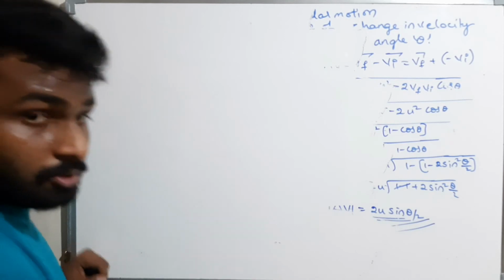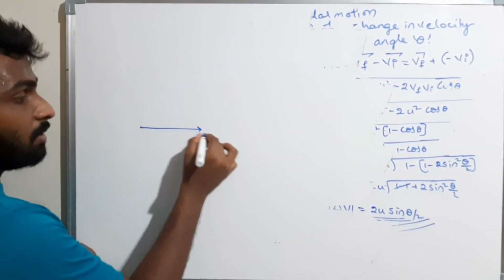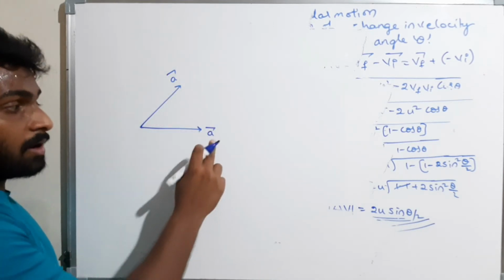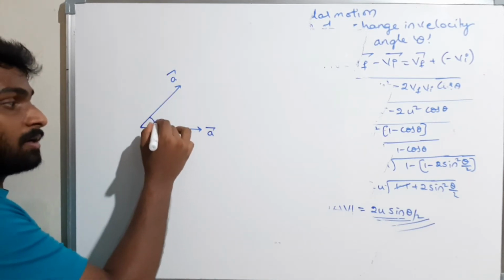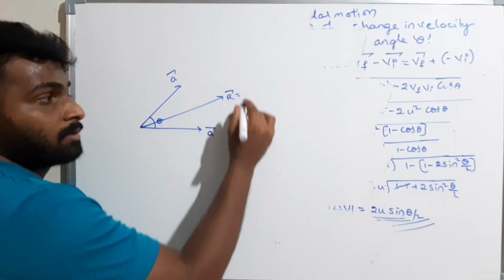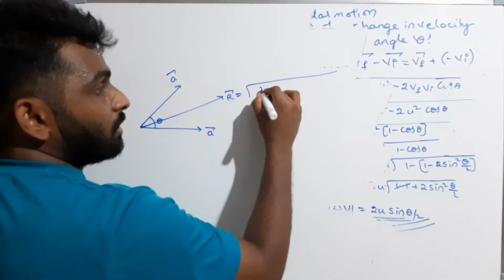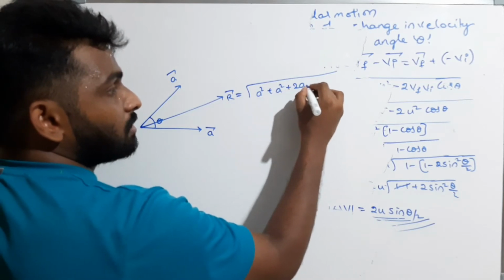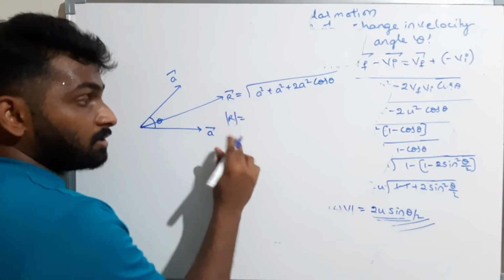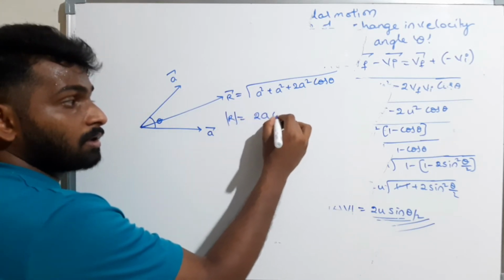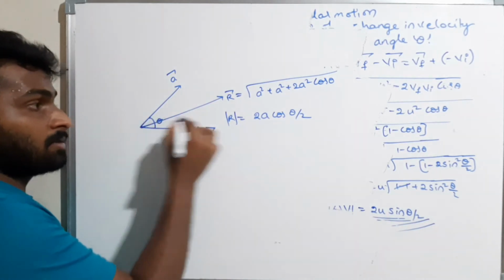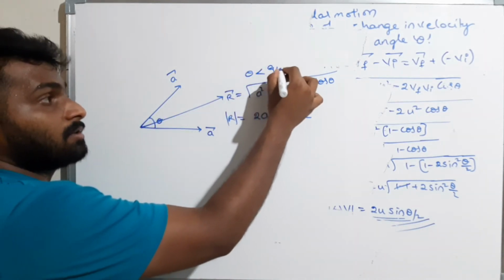Always remember, if there are two equal vectors, this is A bar and this is also A bar, equal vectors, and if they are making some angle theta, then the resultant will be root of A square plus A square plus 2A square cos theta. If I solve it, I will get the resultant R equal to 2A cos theta by 2, if theta is less than 90 degrees.